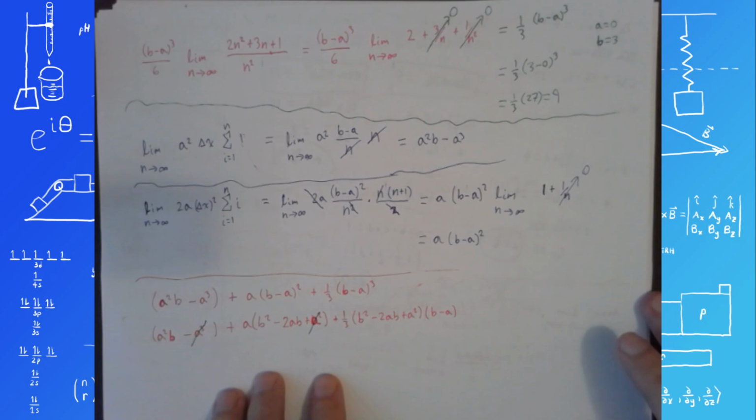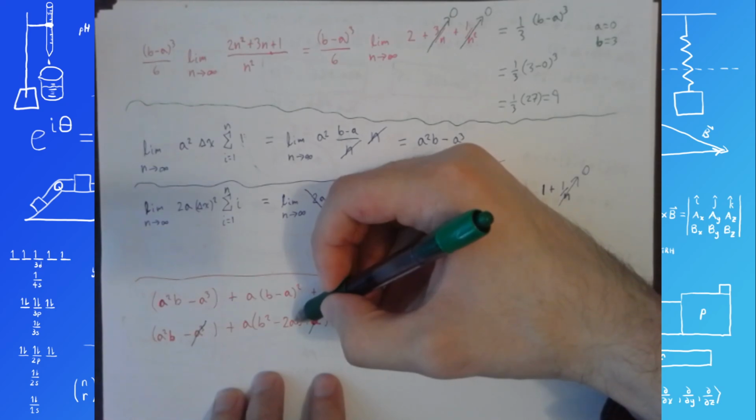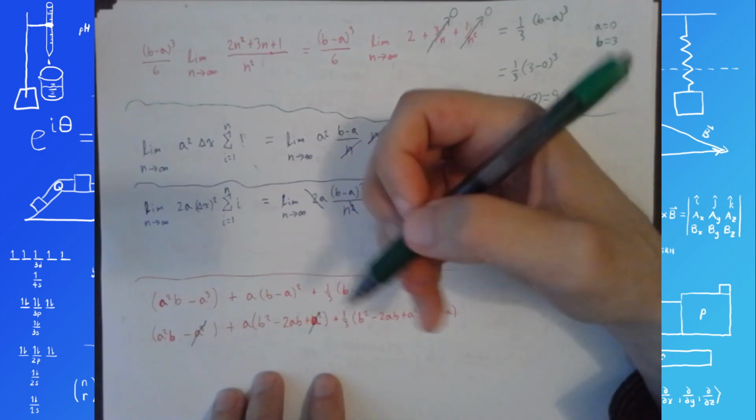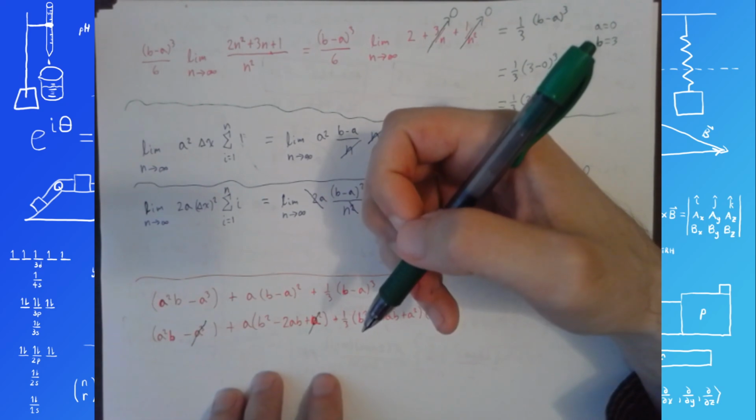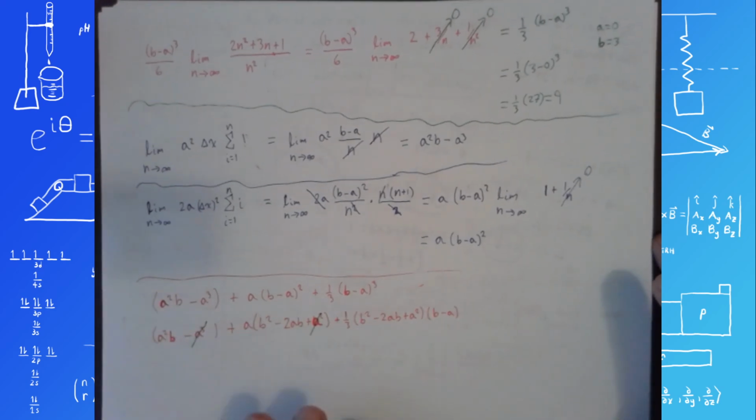A squared b, well, when I multiply the a into here, I'll get minus 2a squared b, but other than that, not much.